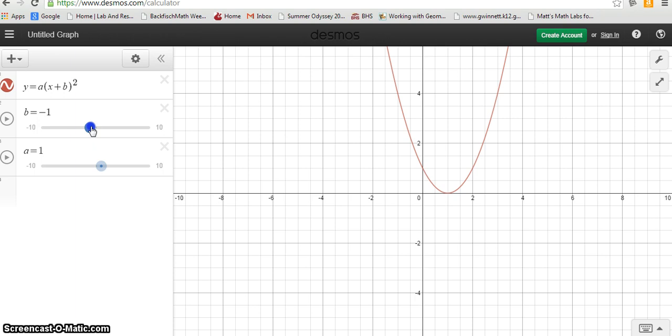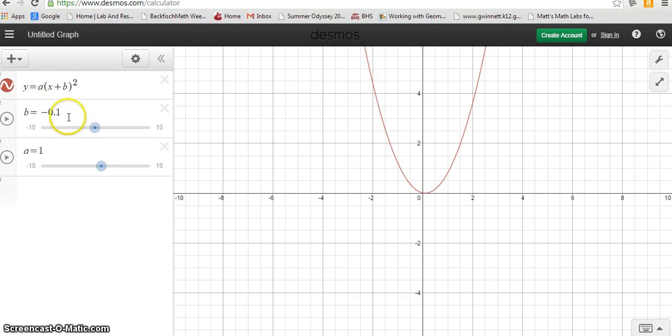So plus negative 1, here's plus negative 1, which is x minus 1, x minus 2, x minus 3.2, x minus 4, 4.1. So think about what happens in terms of what makes it move to the left and what makes it move to the right. And we put that in terms of addition and subtraction.